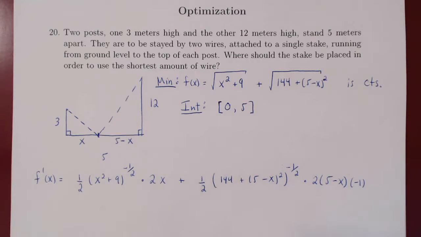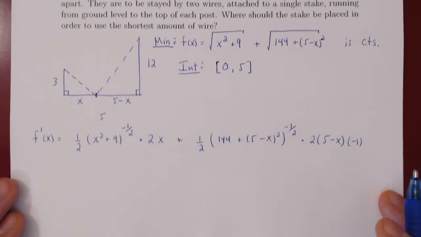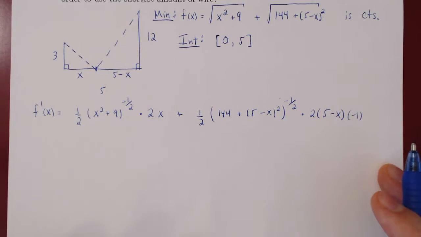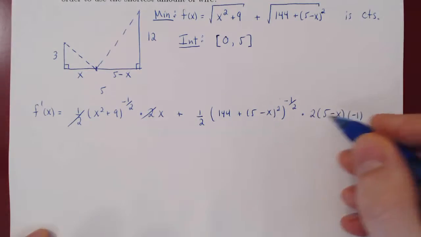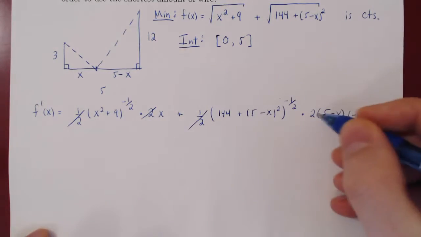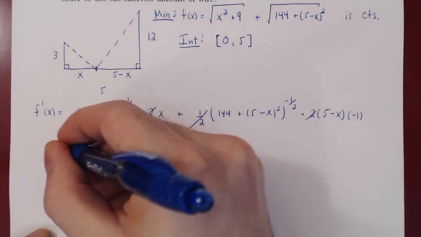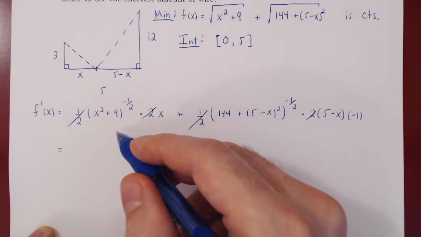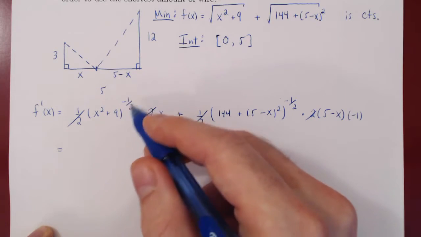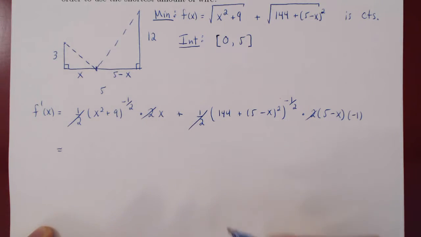We now have our derivative. Let's simplify, and then we'll be able to find our critical points. 2 over 2 is 1. 2 over 2 is 1. I will send this down, and it will become a positive 1/2 power, and I'll replace the 1/2 power by a square root.